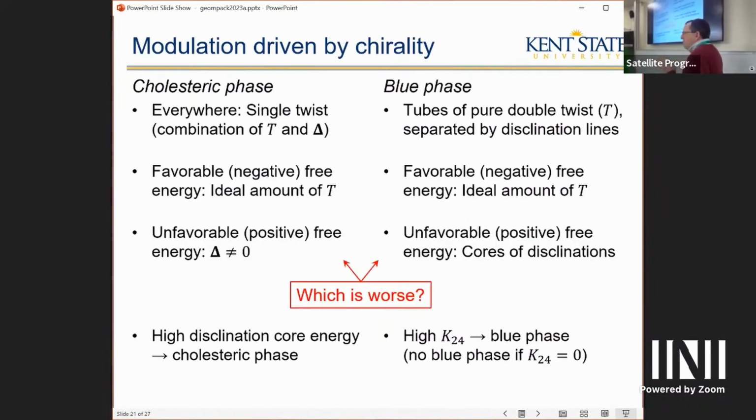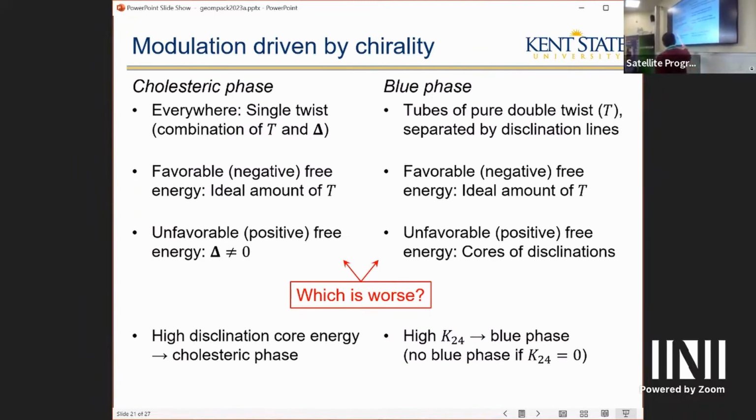So which does the liquid crystal do? Right, they're both possibilities, right? In either possibility, the liquid crystal has the right amount of twist, right? In either possibility, the liquid crystal can have as much twist as it wants. The difference is, what does it have to sacrifice in order to achieve that twist?